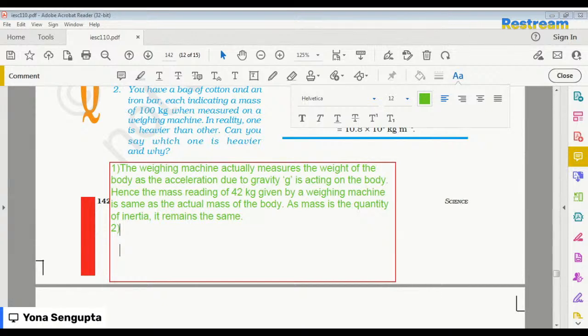So it will be heavier. So the answer for this is that the cotton bag is heavier than the iron bag, as the buoyant force acting on the cotton bag is more, as its surface area is more than that of the iron piece.